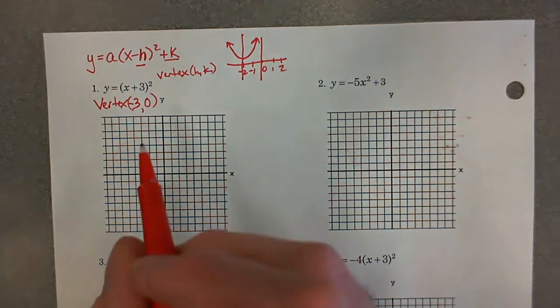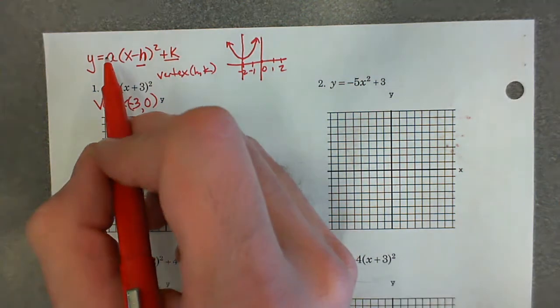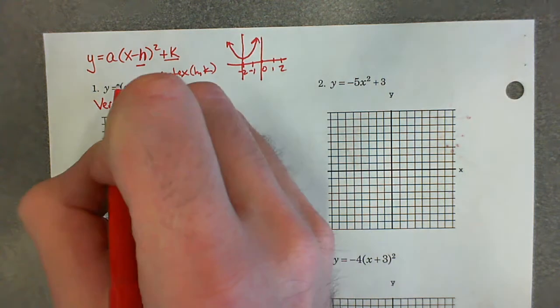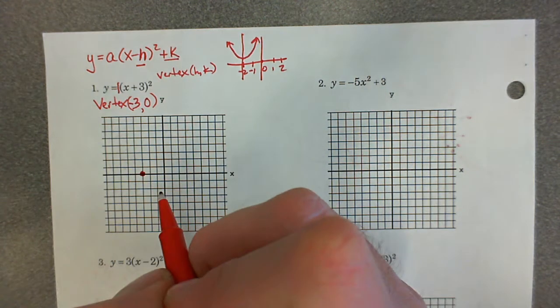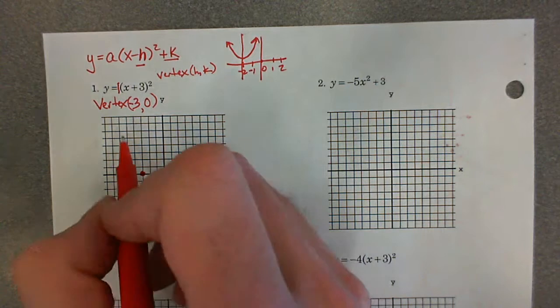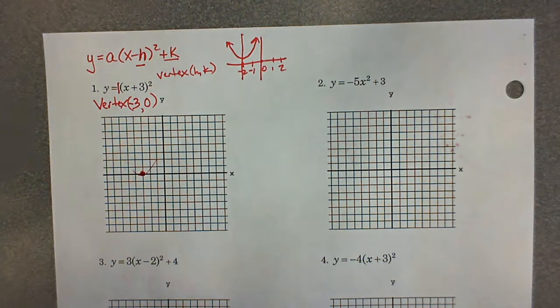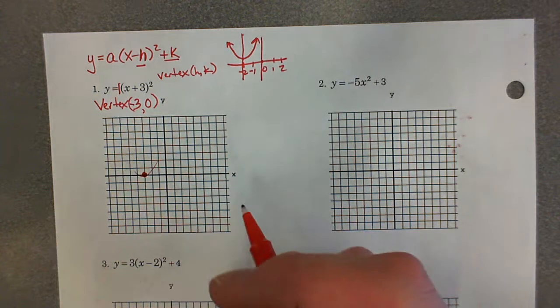Okay? Now, we learned also that the value of a will tell you which way it opens. In this case, we have a +1 out in front, so positive opens up, so we know this should open up. So here's our vertex, and it opens up. Now, what we need are some more points.